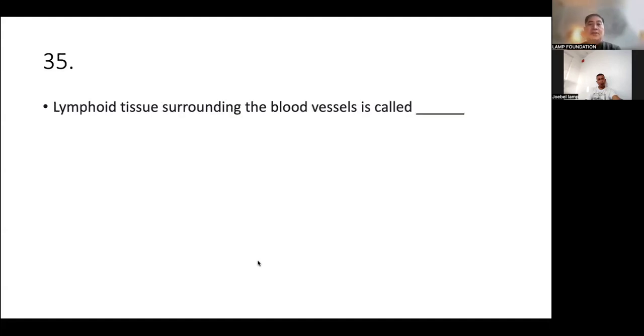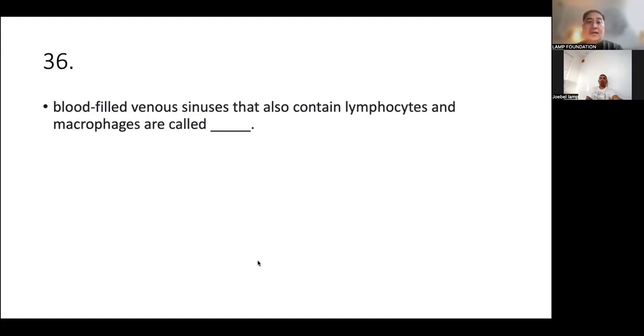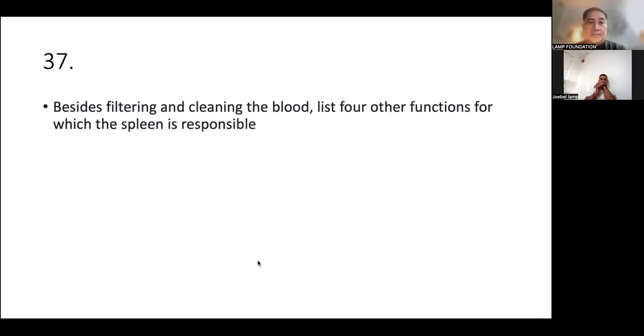Lymphoid tissue surrounding the blood vessels is called the white pulp. Blood-filled venous sinuses that also contain lymphocytes and macrophages are called red pulp. Besides filtering and cleaning the blood, list four other functions for which the spleen is responsible.